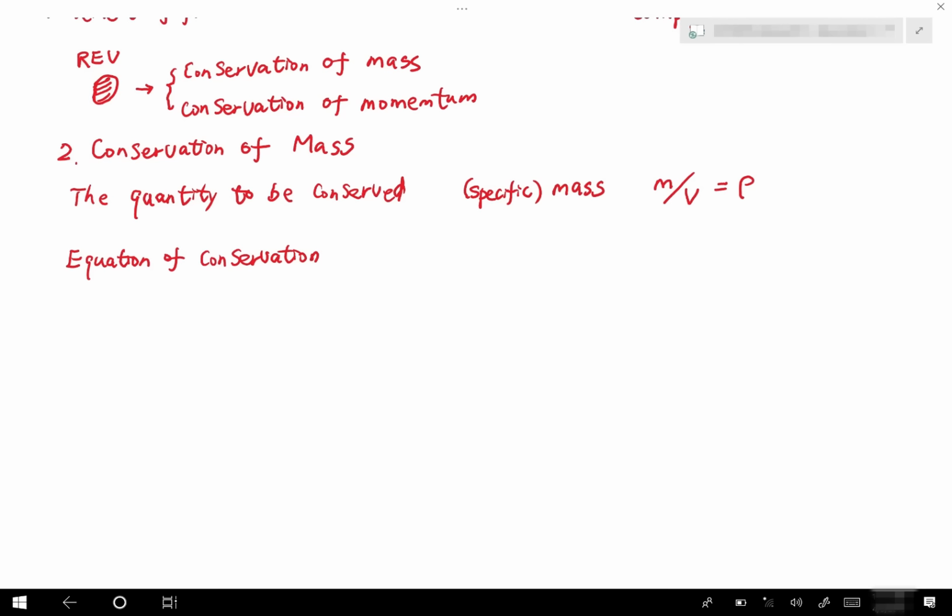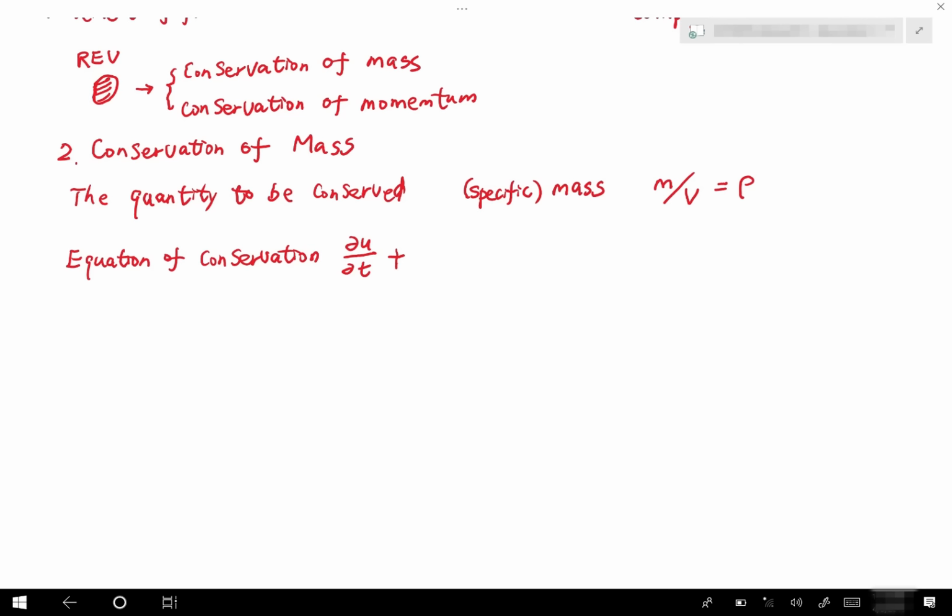So for the general equation, let's use U. U could be a scalar, but here we're talking about the general equation. So it's partial U, partial T. This is the accumulation, right? What about the advection term? Any of you still remember? What's the cause of advection?